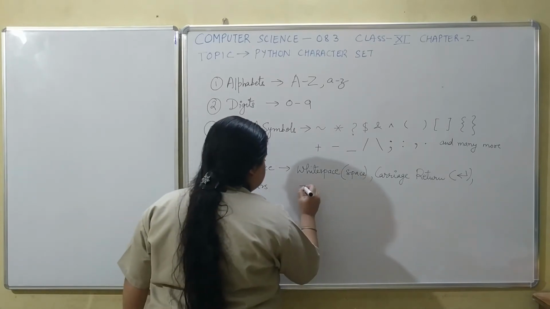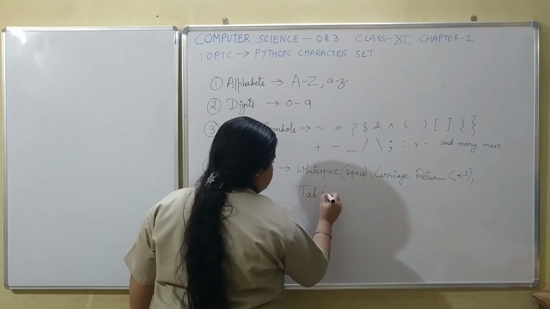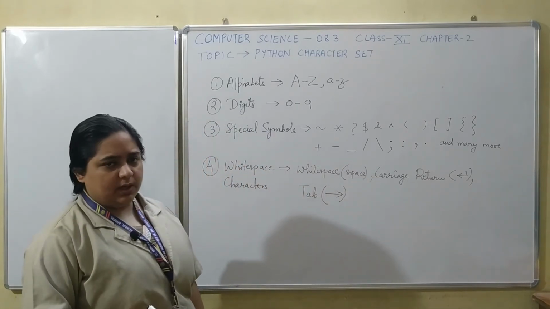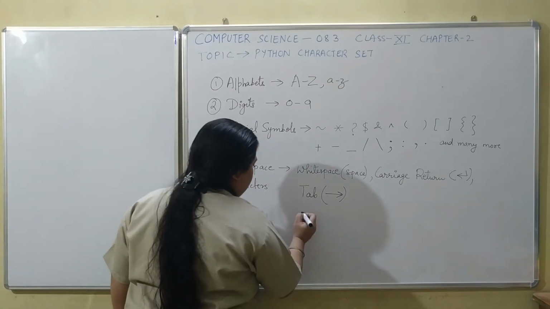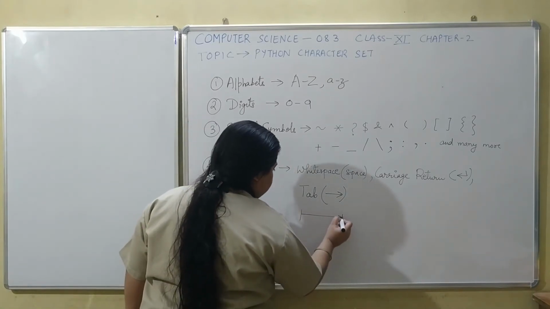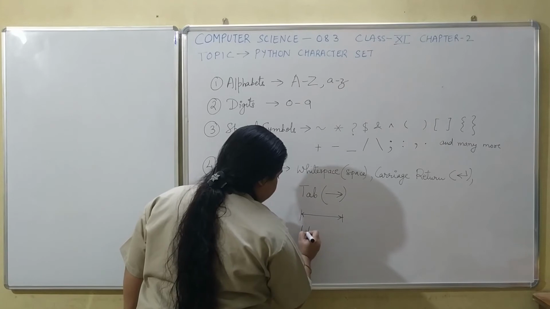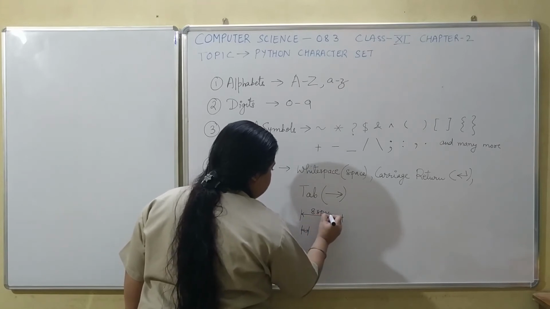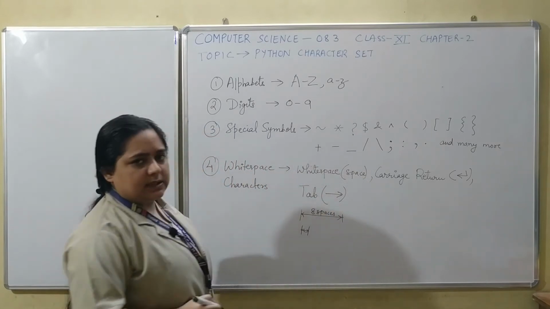Then you have the tab. You have a tab key on your keyboard, and that tab key gives you a larger space compared to a small white space. Usually this large space is equal to 8 small spaces.